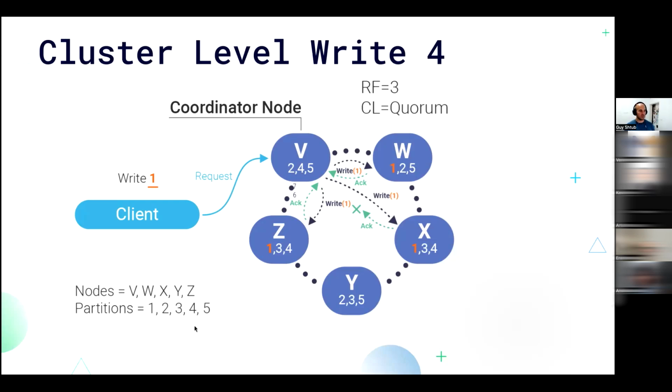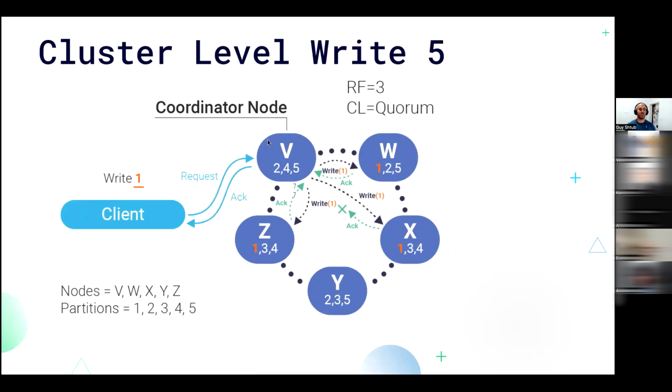Okay, so some of you are right. In this case, the operation would be successful because 2 out of the 3 nodes acknowledge the request, and the consistency level, which is important here, is set to quorum. That means that a majority of the nodes need to acknowledge the request, and 2 out of 3 did. So node V would return a success to the client, and later it would make sure that indeed the data was written.